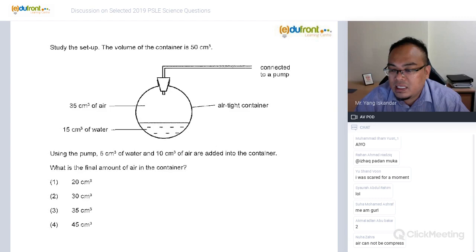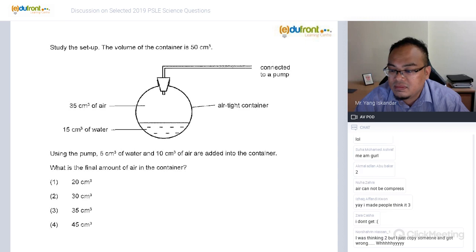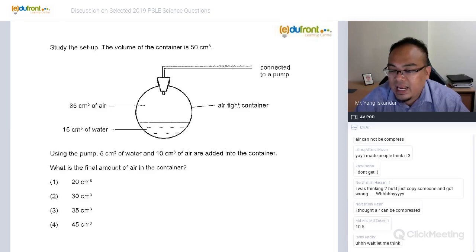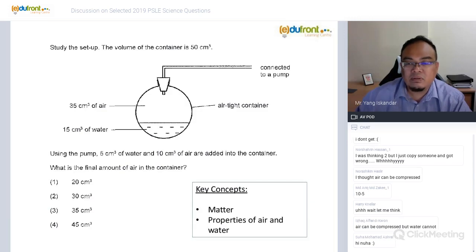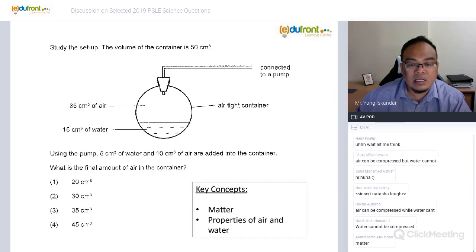Now, Harry, can you explain why the answer is number 2? Air can be compressed. Yes, correct. Okay, what is the concept being tested here? The concept of matter and the properties of air and water, right?